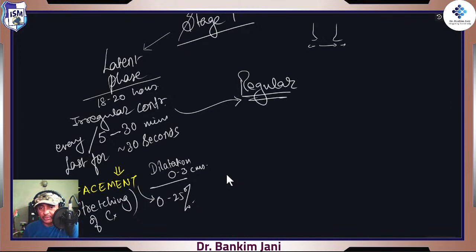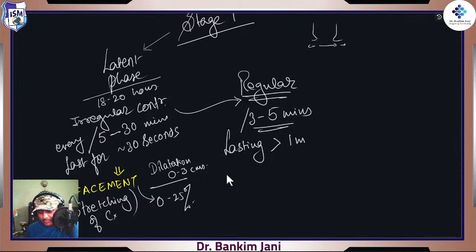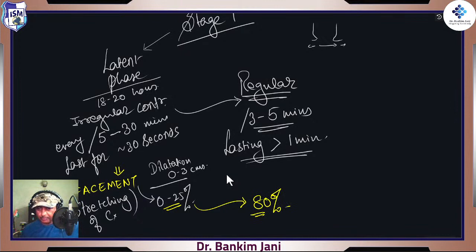So now every 3 to 5 minutes the contractions have started. Now they are coming more rapidly. At the same time, they are lasting for over 1 minute, right? And the most important point, that effacement, which was just 25%, has now increased to 80%. That means the cervix is now pretty stretched, right? At the same time, it has dilated to almost 3 to 6 centimeters.